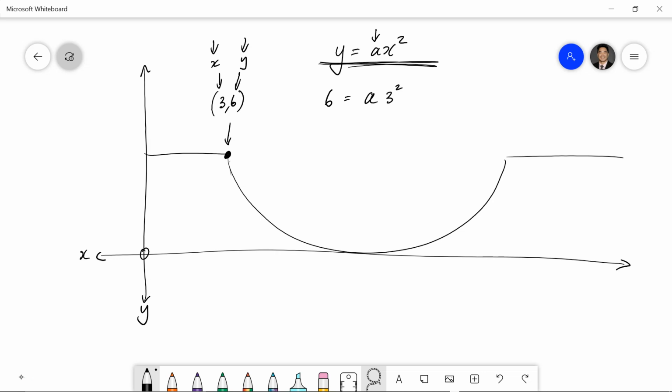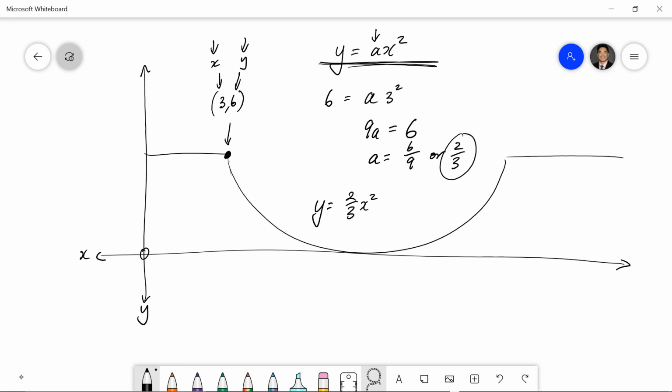Okay, so we have 9a is equal to 6. a is going to equal 6 over 9, or 2/3. So essentially, what we need to do is re-substitute that back in for a to get our value for our ultimate equation. y is equal to 2 over 3 x squared.